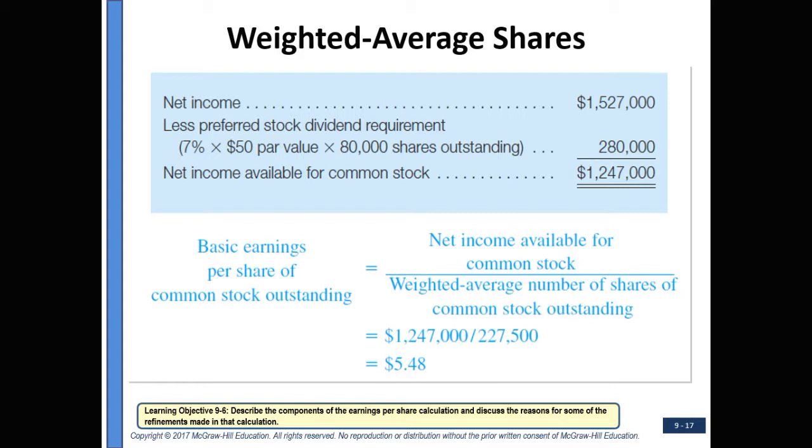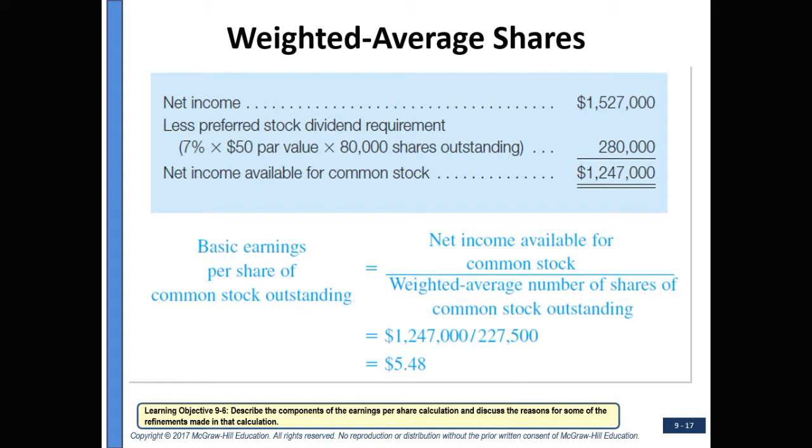This does not mean that it actually has to have been declared, but what would it be to determine how much of the net income would be available for common stock owners? Remember, your preferred stock owners will receive their dividends before there is anything available for common stock. So we do an adjustment to net income to ascertain, of what was earned, how much is actually available to just the common stockholders.